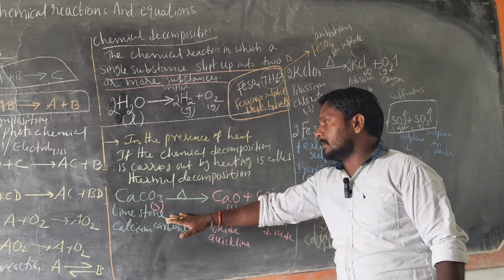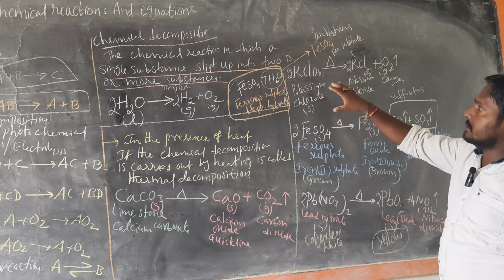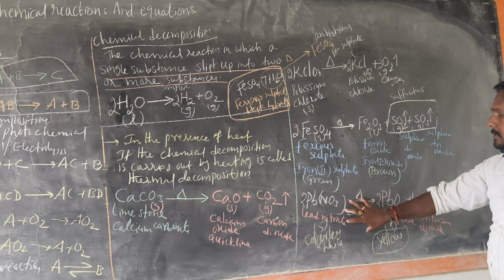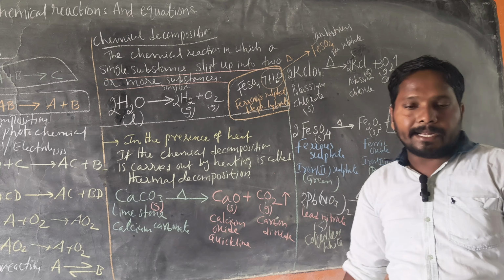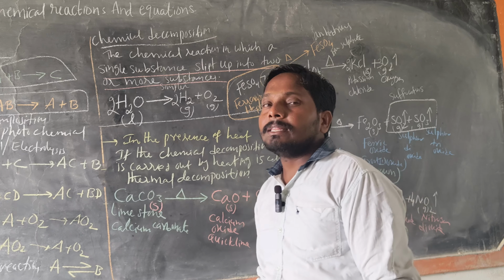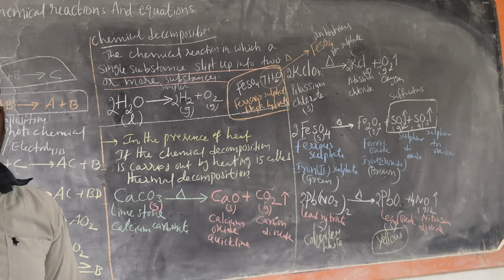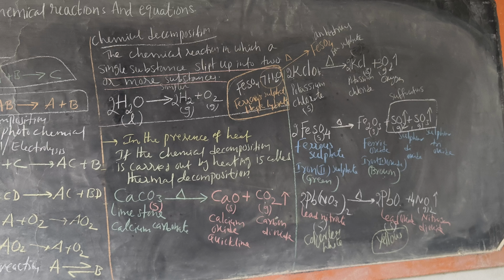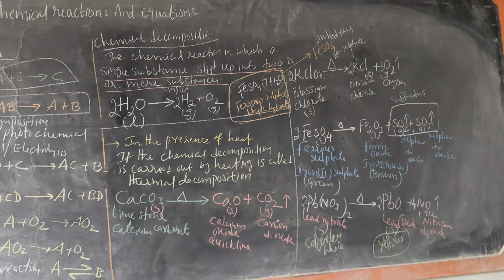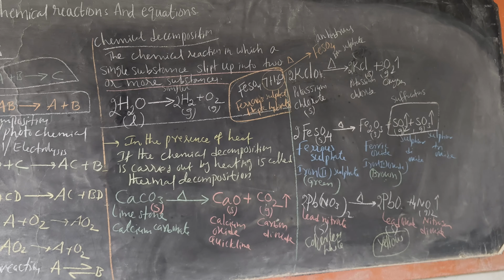Calcium carbonate is heated, these are formed. Potassium chloride is heated, these are formed. Iron sulfate is heated, these are formed. Lead nitrate is heated, these are formed. Such a reaction is called thermal decomposition. Decomposition means any single substance is split up into two or more substances.